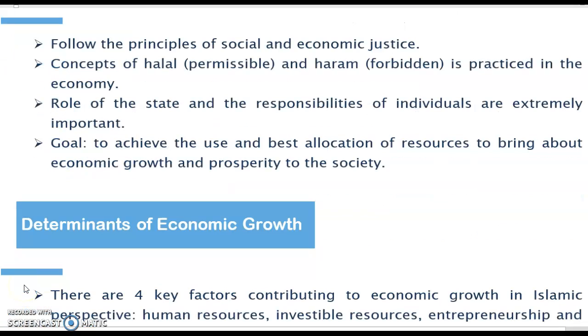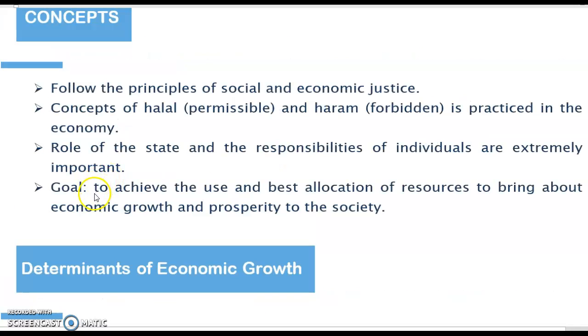The role of the state is very important here, and there must also be the responsibility of each individual. So the goal of Islamic economic growth is to achieve the use and best allocation of resources to bring about economic growth and prosperity to the society. So it's not about the nation, it's for the society.